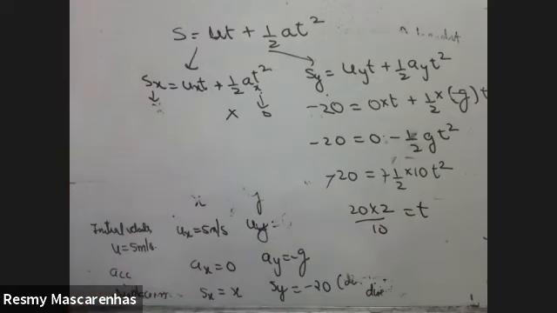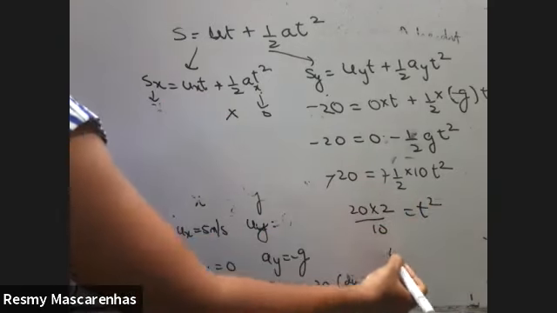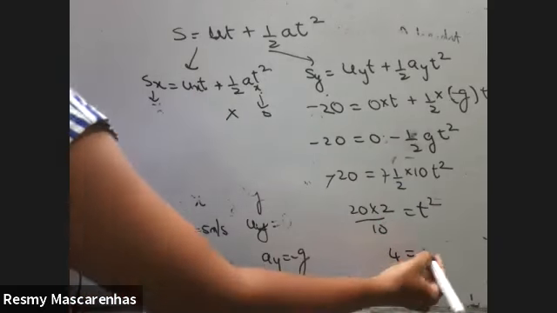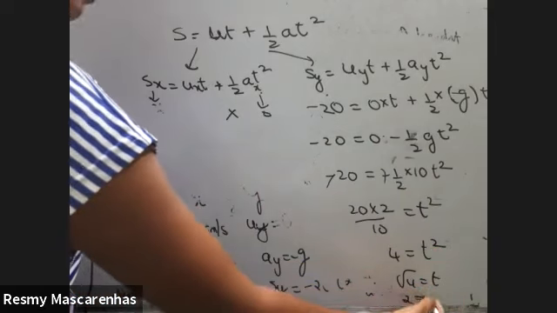So that will give you 40 upon this. That will give you t square, root of 4. The time will be 2 seconds.